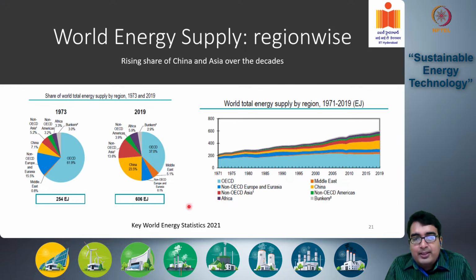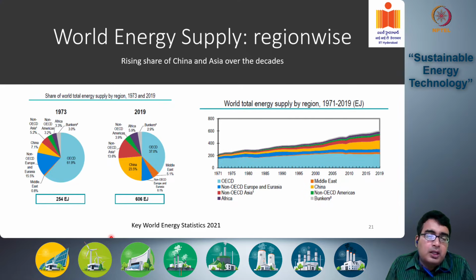What are the other regions? You have non-OECD Europe and Eurasia. This usually contains the countries of the erstwhile Soviet Union, so Russia, Ukraine, countries which are not considered part of the developed European countries and were originally part of the Soviet Union. And the deep purple is Africa, and this is the non-OECD American regions, so Brazil, Argentina, etc.